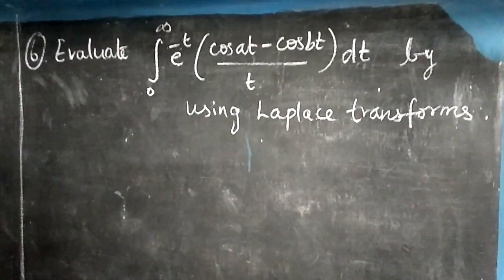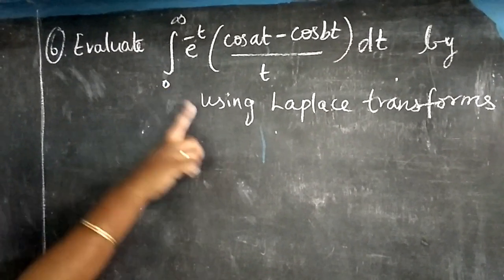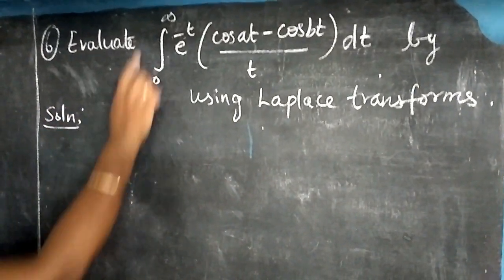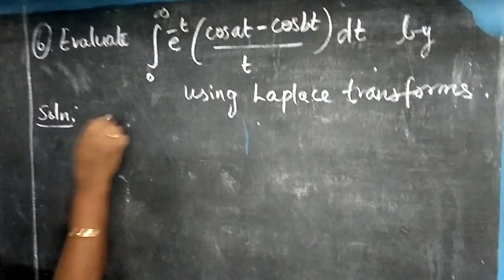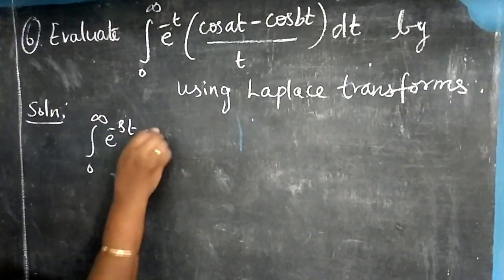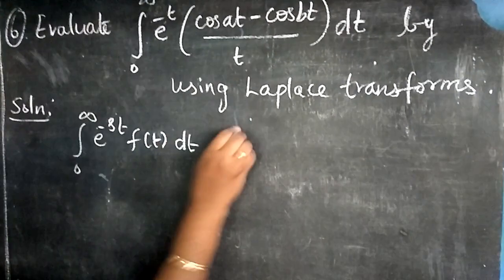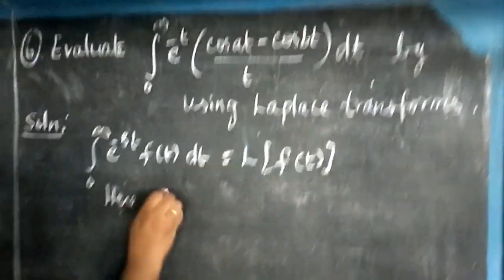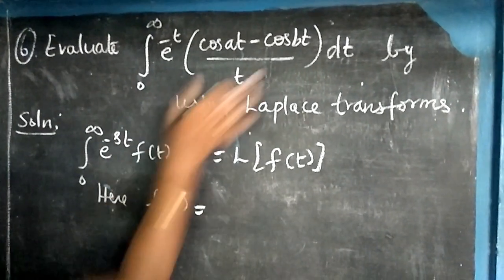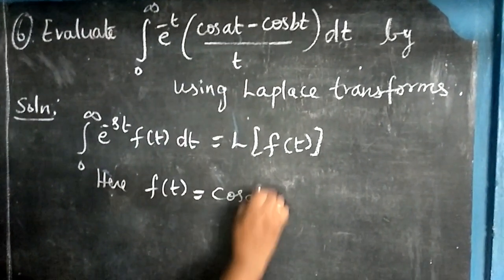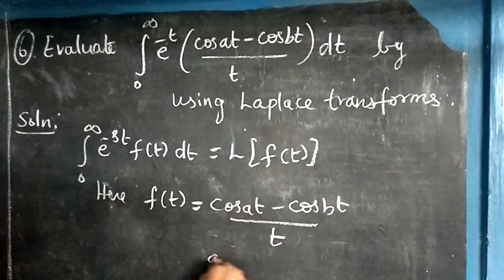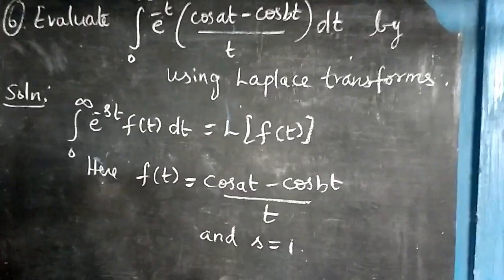Problem 6. Evaluate this integral by using Laplace transforms. By comparing this integral with the definition of Laplace transforms, we see that here f of t is equal to cos at minus cos bt by t and s is equal to 1.